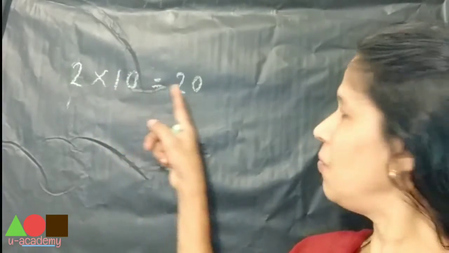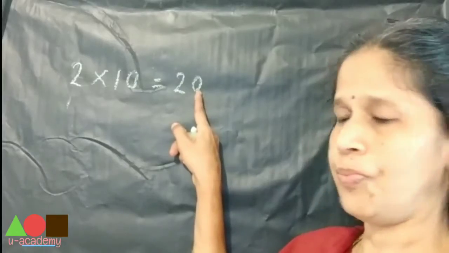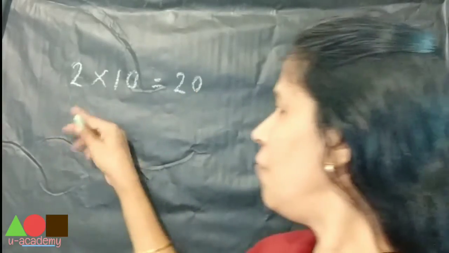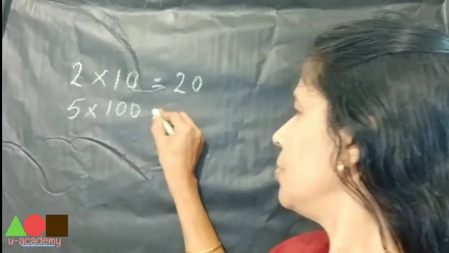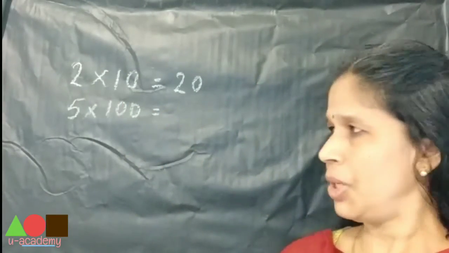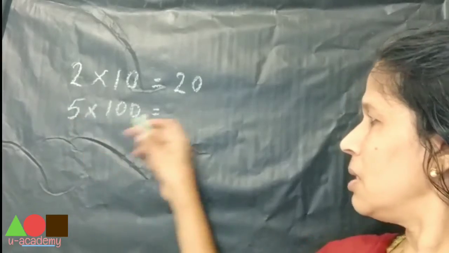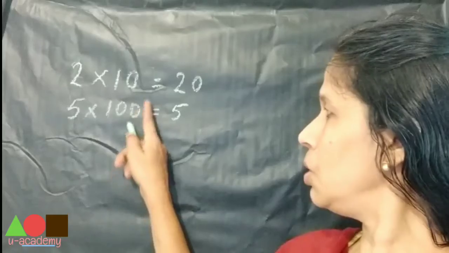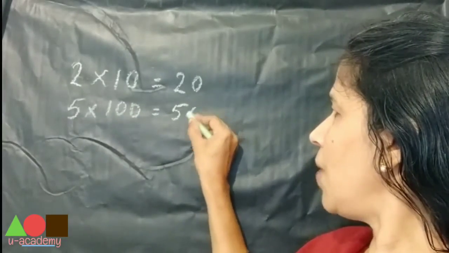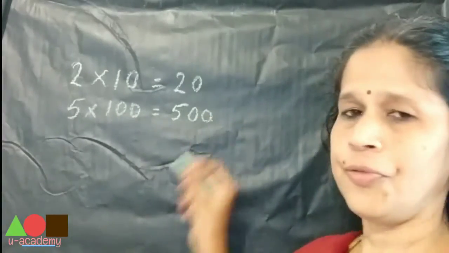Only one zero, that we add after that 2. Same way, if it is 5 into 100, there is no need of multiplication. We just write this 5 and look at how many zeros there are. 2. So those 2 zeros we add after that 5.